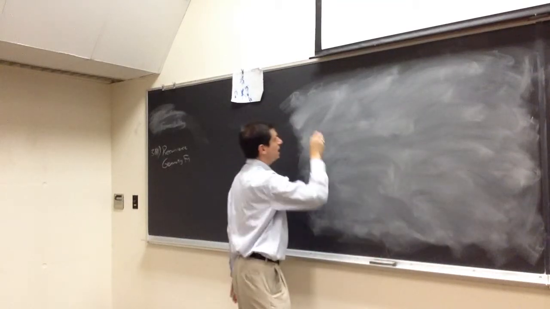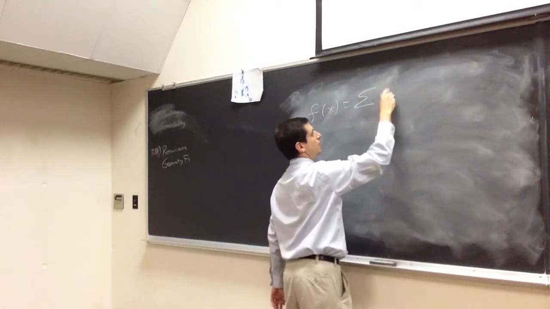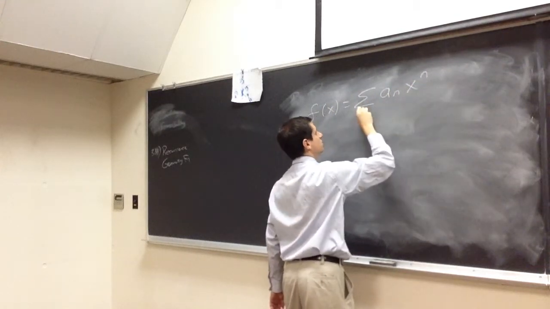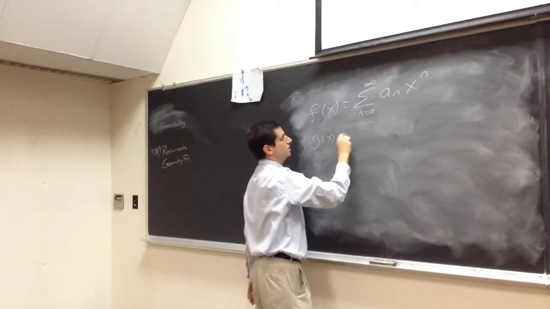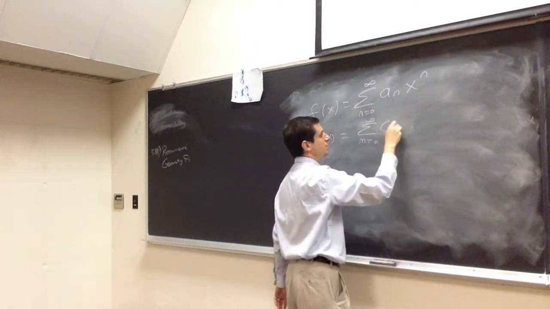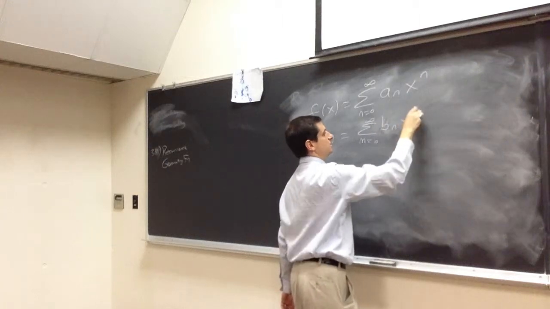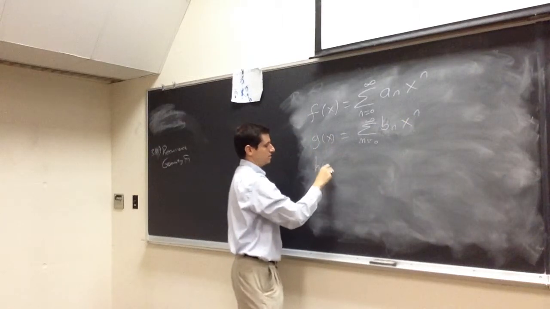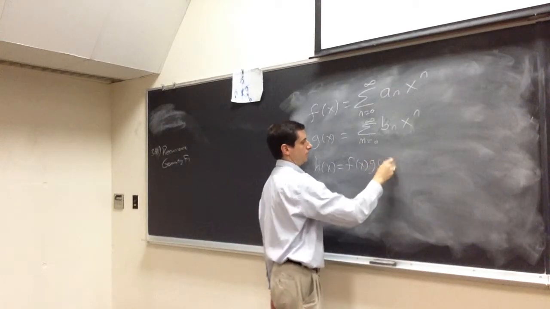So, imagine f of x is the sum of an x to the n, where n goes from 0 to infinity. g of x is the sum, n goes from 0 to infinity of bn x to the n. And we let h of x be f of x times g of x.